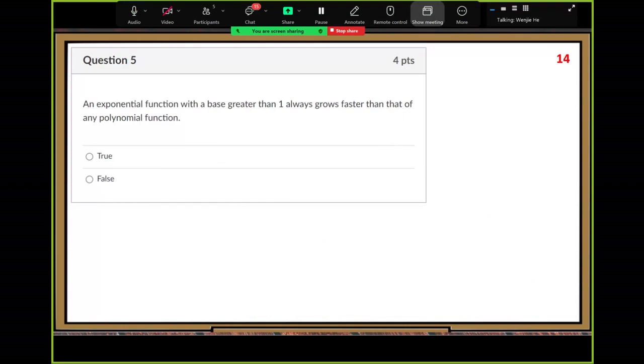Number 5, an exponential function with base greater than 1 always grows faster than any polynomial. True.